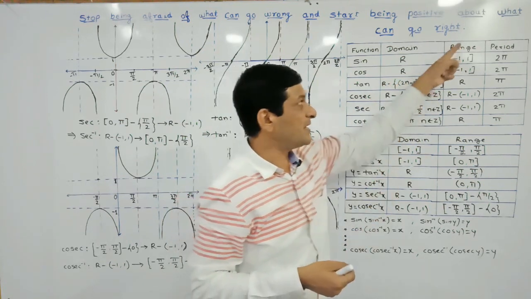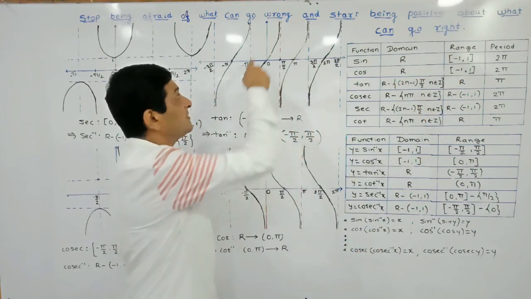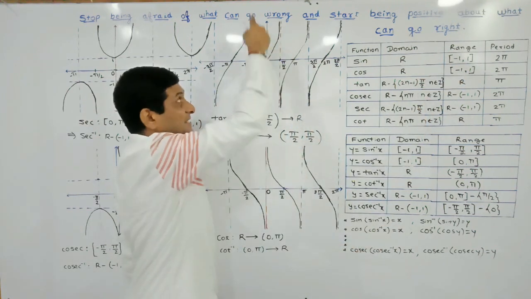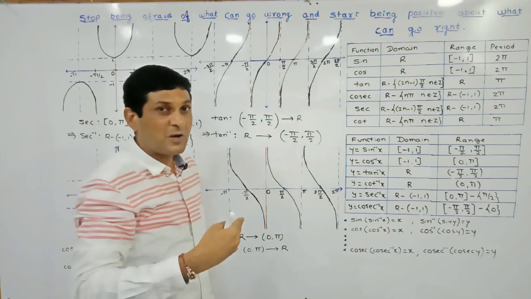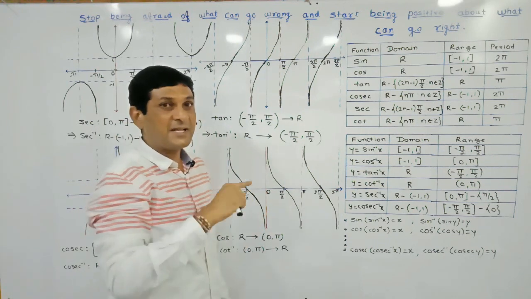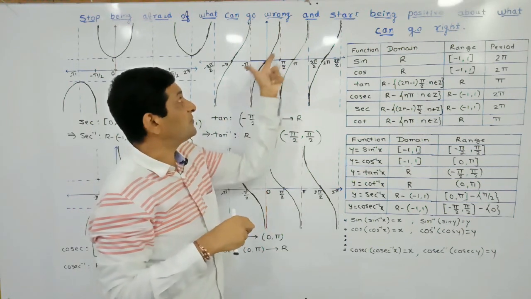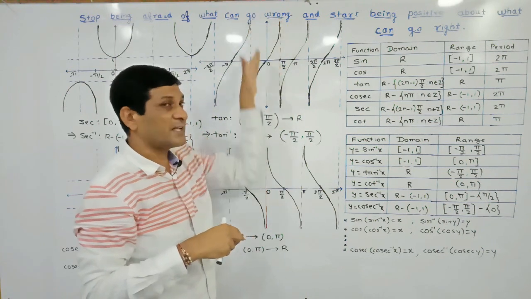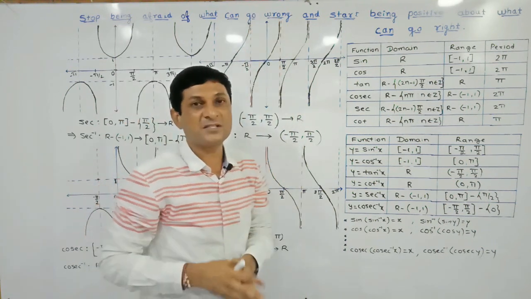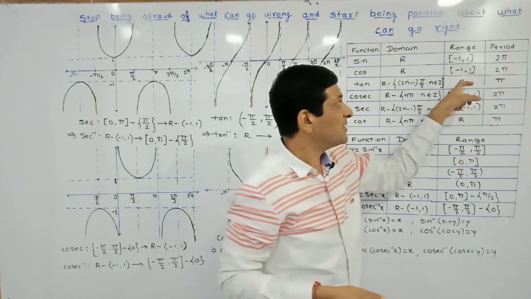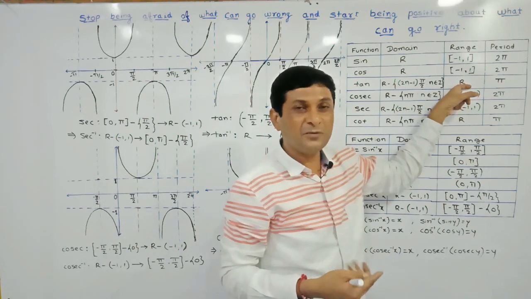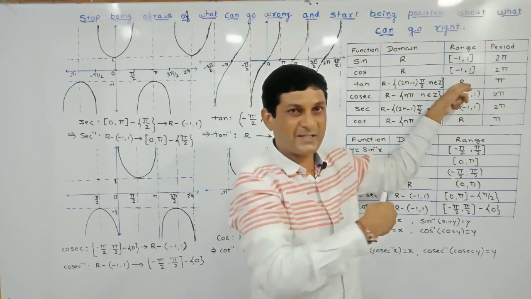And here the range is the whole real number line, the whole y-axis. The y-axis is our codomain set, and tan takes values from minus infinity to plus infinity on the y-axis. That's why the range is the whole set of real numbers, the whole y-axis.